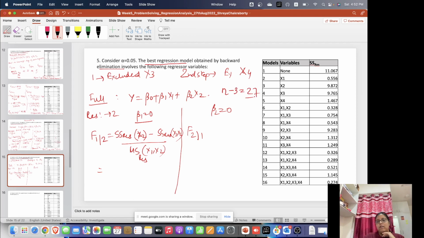So just by substituting, 9.872 minus 0.328 by 0.328 by 27, and for x1, that is 0.556 minus 0.328 by 0.328 by 27. So if you compute, what are you getting?